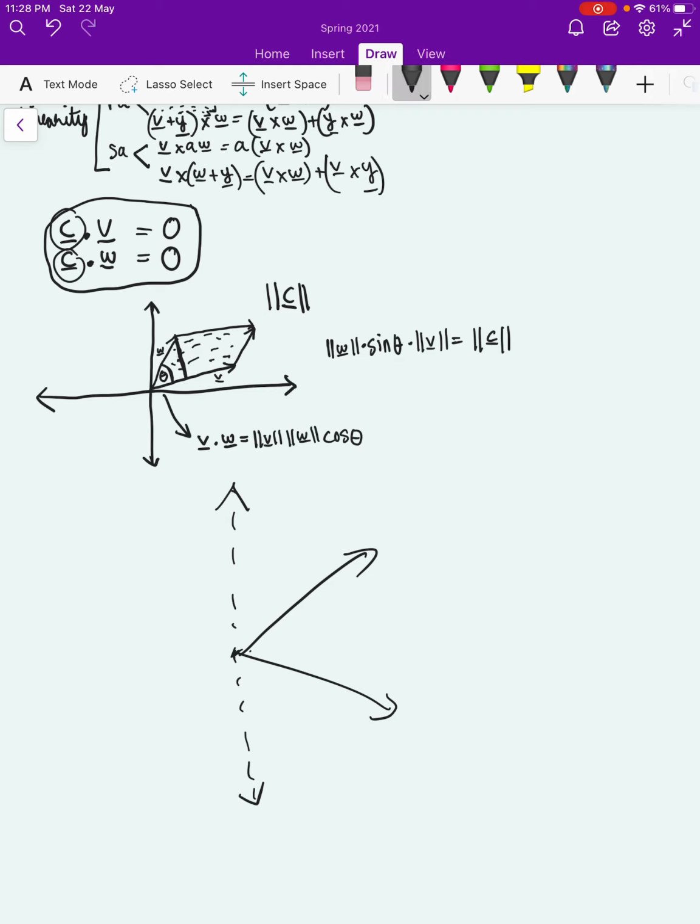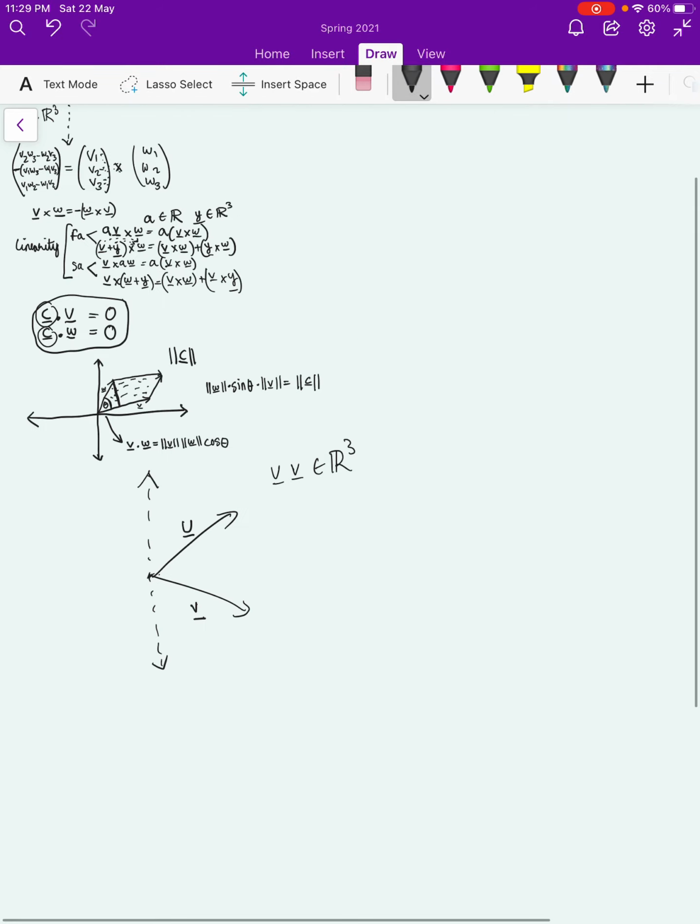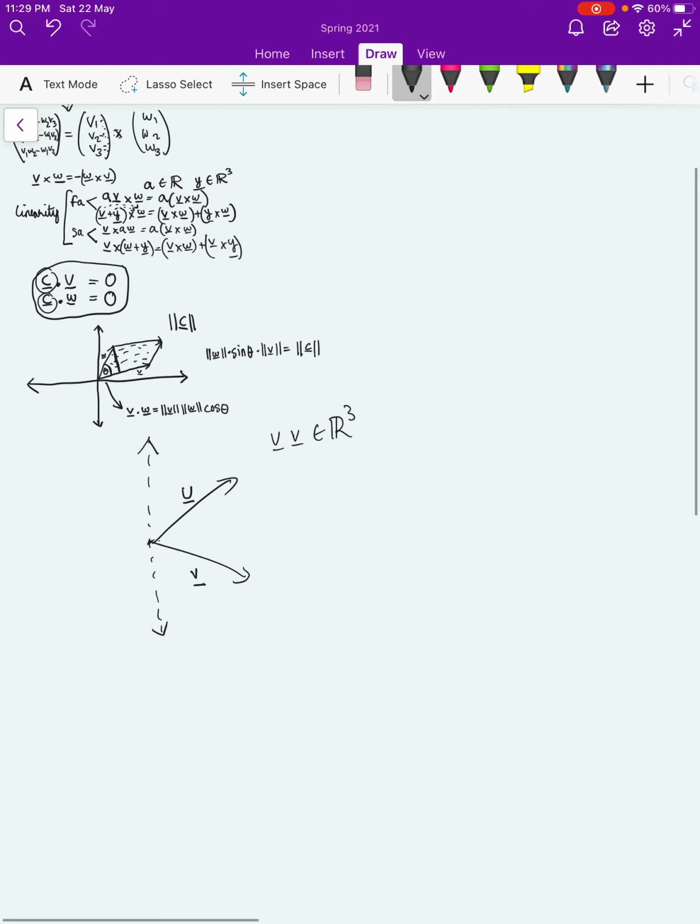Now a simple way to do it is, let's label this u and v for now. So obviously u and v are in R3. Now u is above v, okay, in this case, and if I flip it, v is above u. You want to use your right hand. This is going to be your right hand. So you want to put your hand right over u.